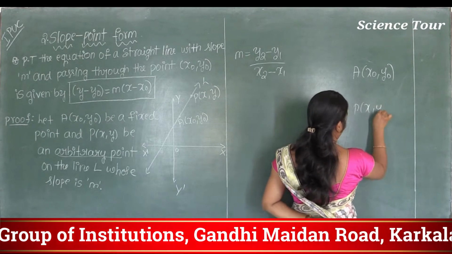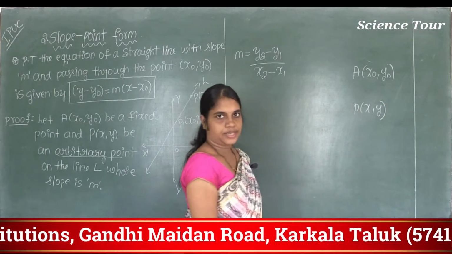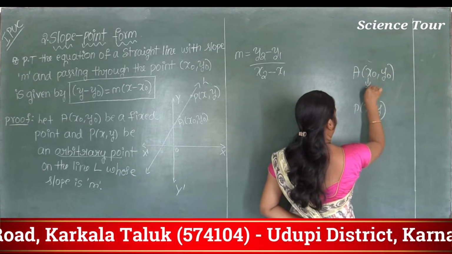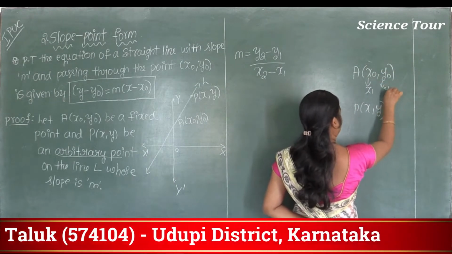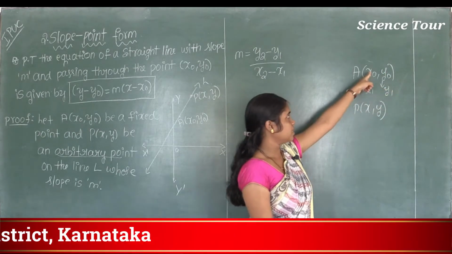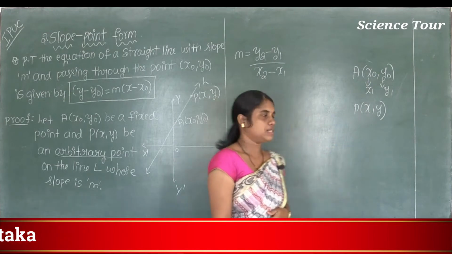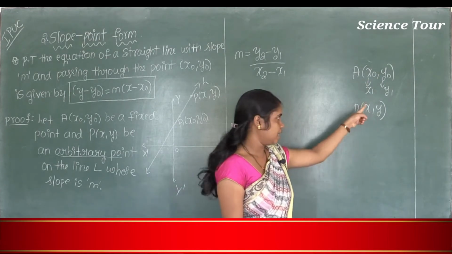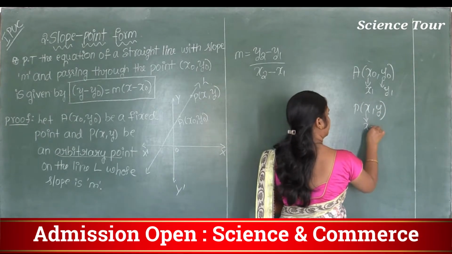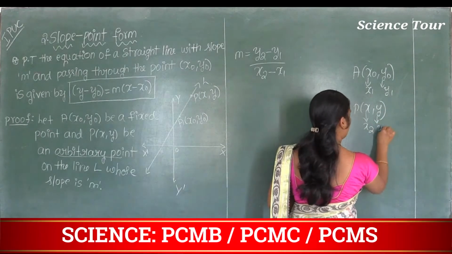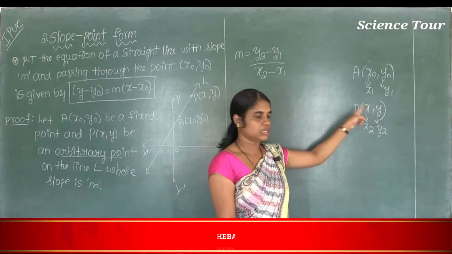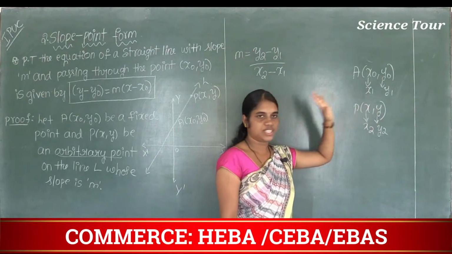I'll consider this x naught comma y naught as x1 comma y1, and the second point P x comma y as x2 comma y2. That means the value of x2 is equal to x, and the value of y2 is equal to y.